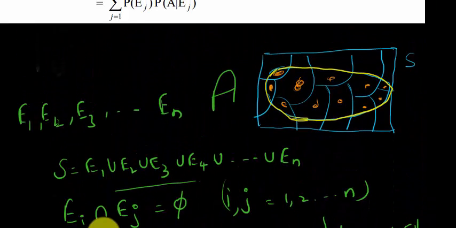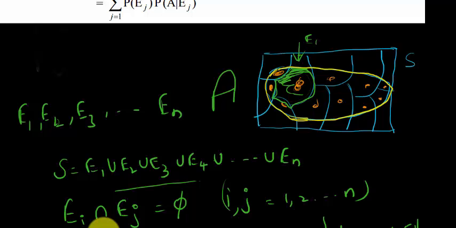The probability of this particular event A to happen is in this section, or let's take this big chunk. In this big chunk here, it is nothing but probability of E1 occurring, which is this, if I'm considering this as E1, into probability of A given that E1 has occurred.